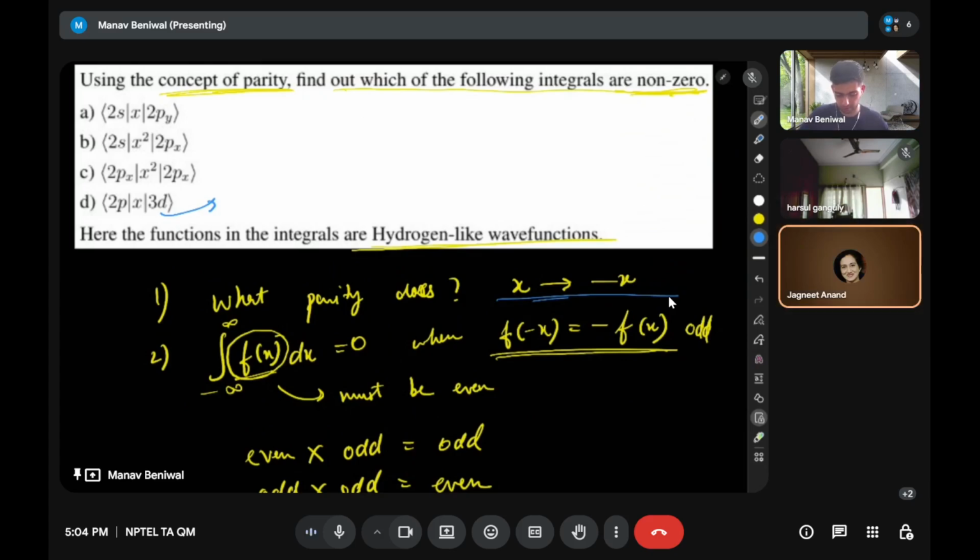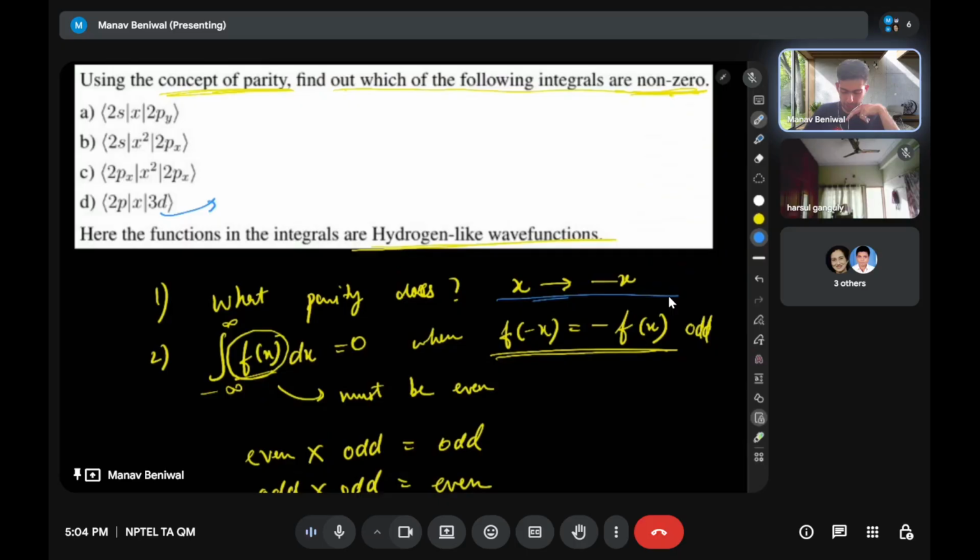I think because s has spherical symmetry, s is an even one, and p being the dumbbell shape, maybe that is the odd parity. Yeah, let me quickly check. Dumbbell is also even, isn't it?